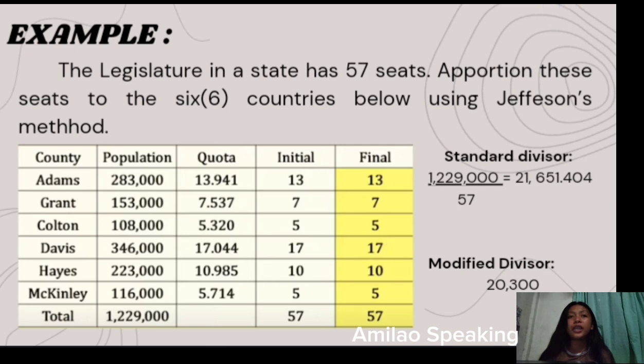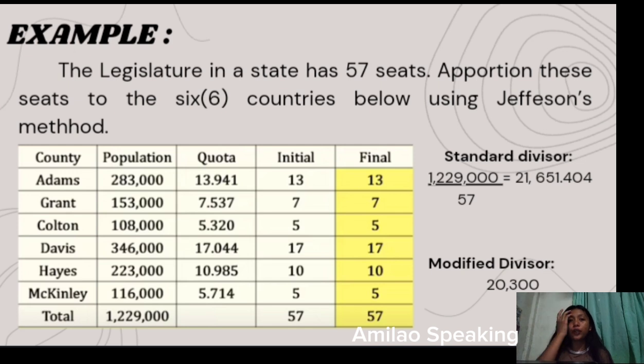For Davis, 346,000 divided by 21,651.404 is 15.980. As for Hayes, the 223,000 population divided by 21,651.404 is 10.300. As for McKinley, 116,000 divided by 21,651 is 5.358.